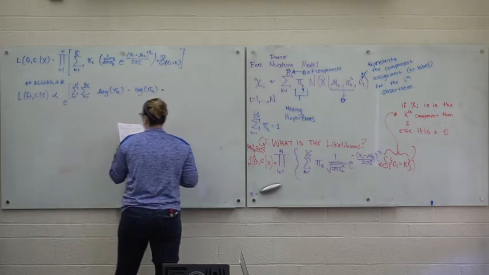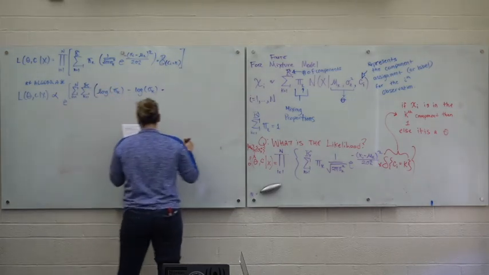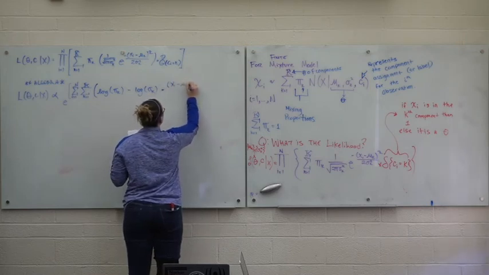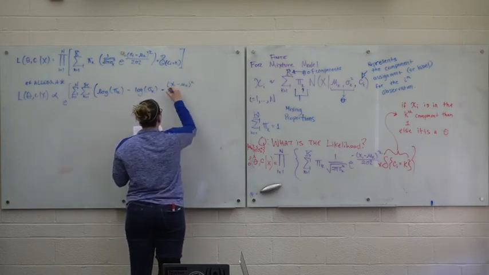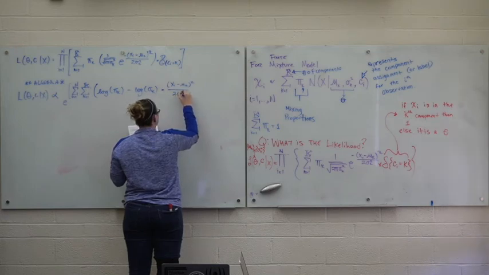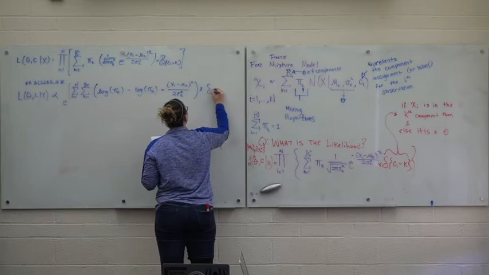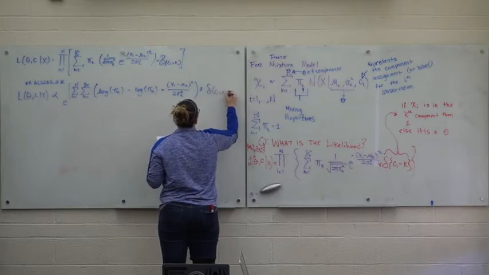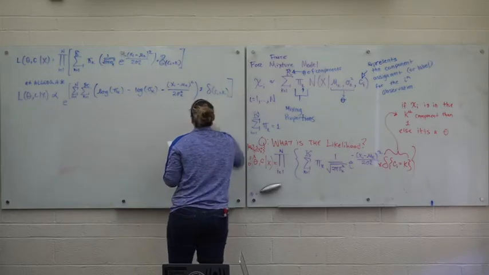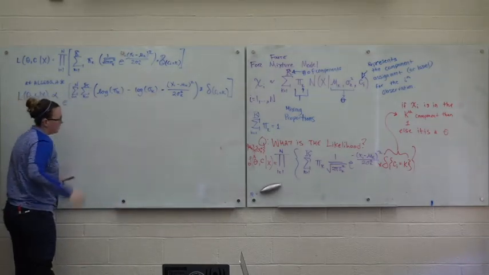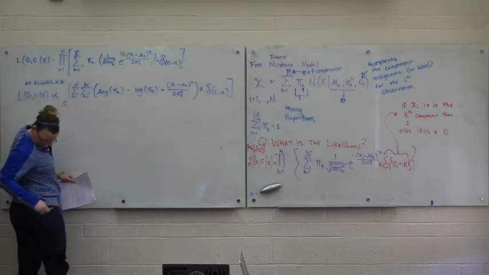Minus xi minus mu k squared over 2 sigma squared k, times, again, our indicator function, bracket. Again, just to let you know, this long formula right here is in the exponent.